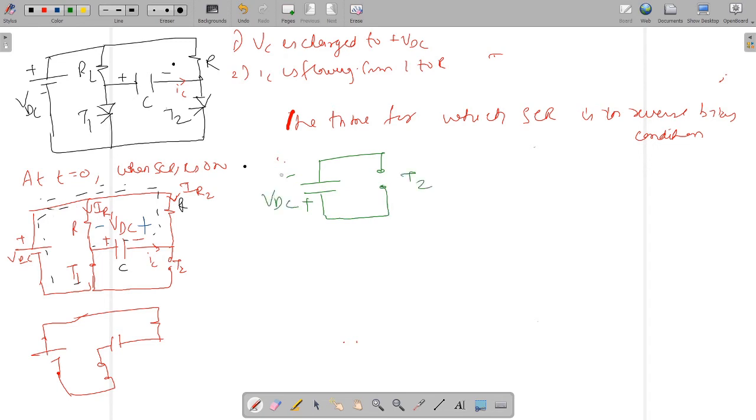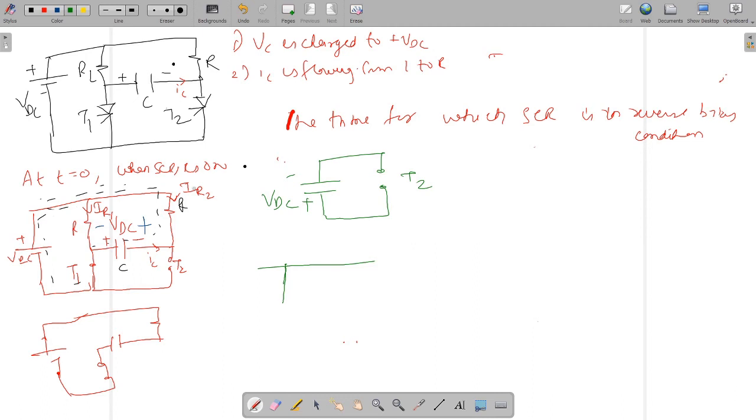But when you turn on T1, your iR2 current is flowing, and the voltage across T2 will be like this. You can see initially it was negative. Your iR2 current will be charging this capacitor in the opposite direction. So this negative is going towards positive, because the final state of this capacitor voltage is plus VDC.